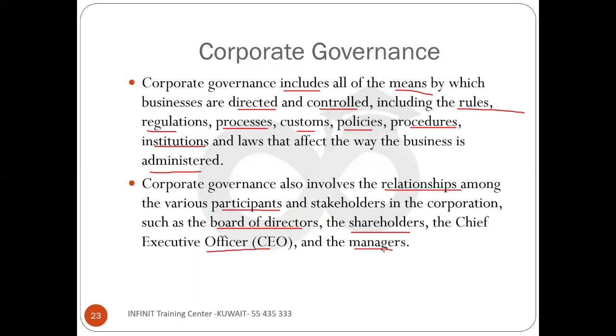So all this will come collectively under corporate governance. So it can be the rules of the organization, regulations, process, policies and procedures, even the relationship among various participants.